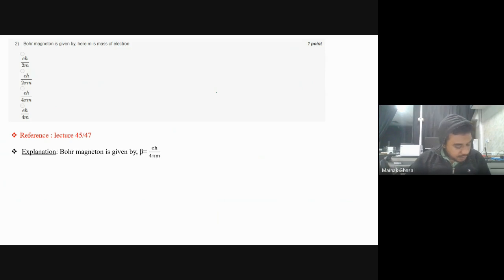To explain the Bohr magneton, I need to use the relation: the magnetic moment mu s can be written as gs into e by 2me into s. And here it was explained that beta is the Bohr magneton.